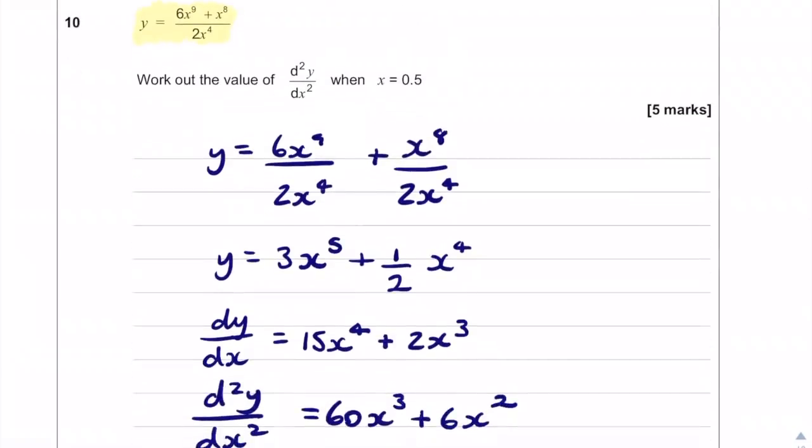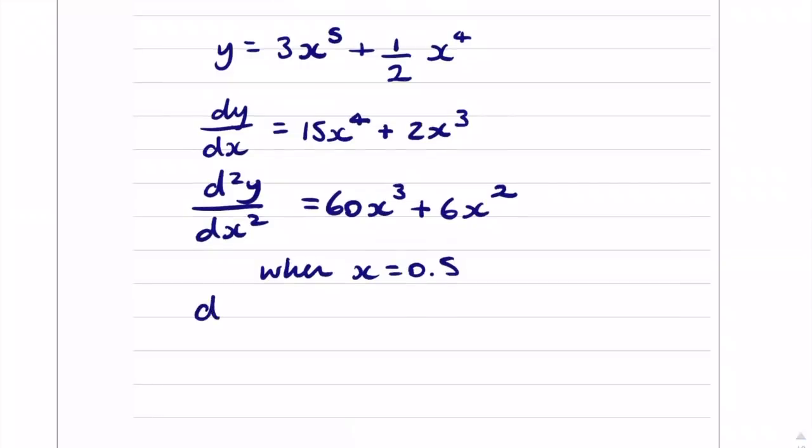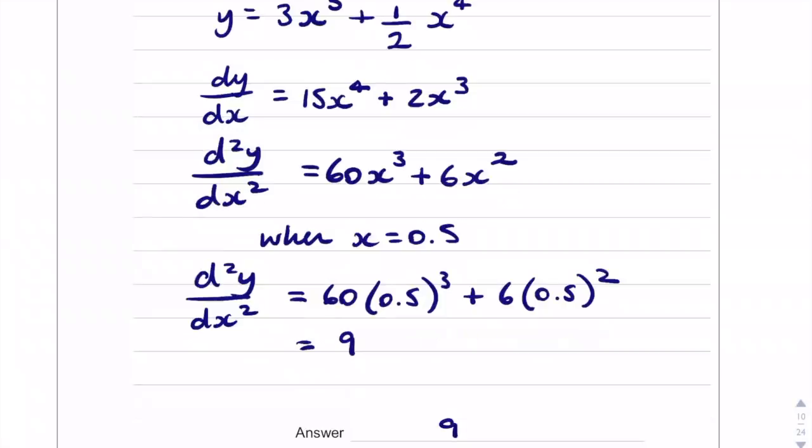Right, and we need to work out the value of this second derivative when x is equal to 0.5. So we say when x is equal to 0.5, second derivative is going to be equal to 60 all multiplied by 0.5 cubed plus 6 all multiplied by 0.5 squared. So we type that in on our calculator. We get an answer of 9. So that is our final answer.